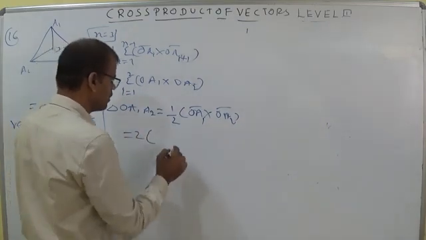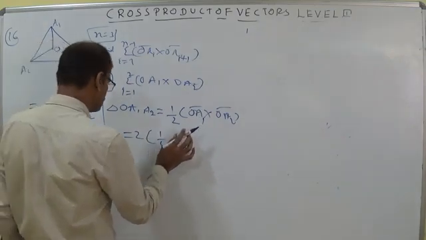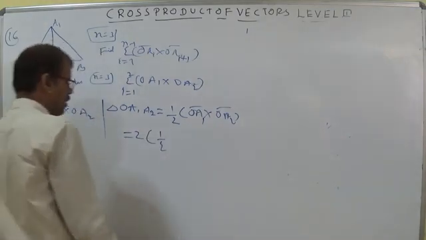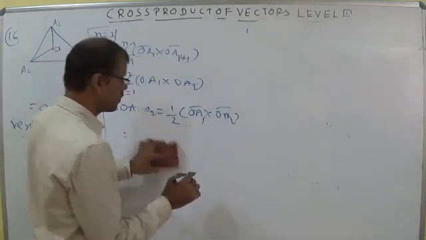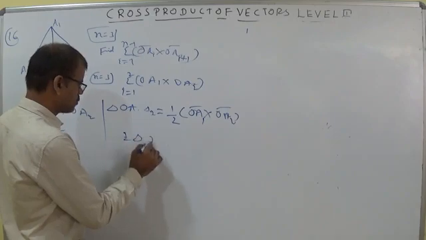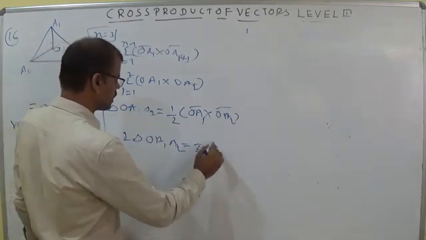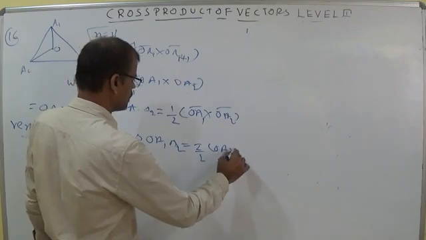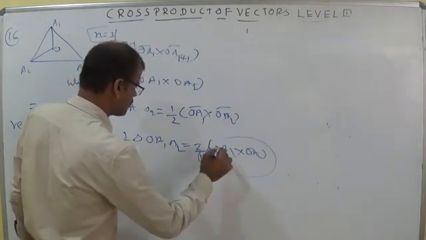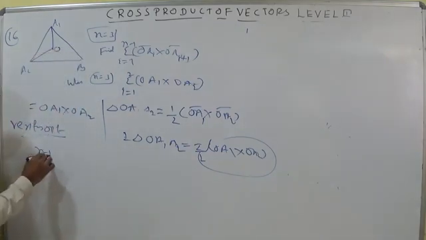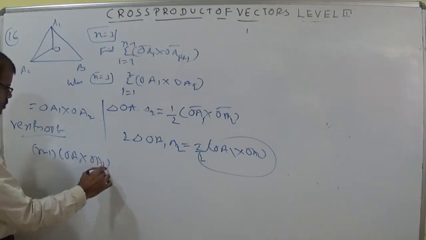If you multiply by 2, 2 into 1 by 2 area, the 2 by 2 gets cancelled, so 2 delta OA1A2 is OA1 cross OA2. So regarding area you can write here n minus 1 into OA1 cross OA2.